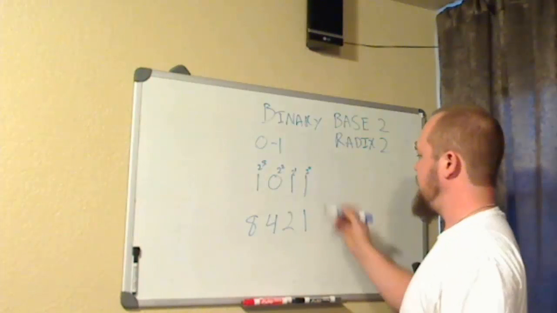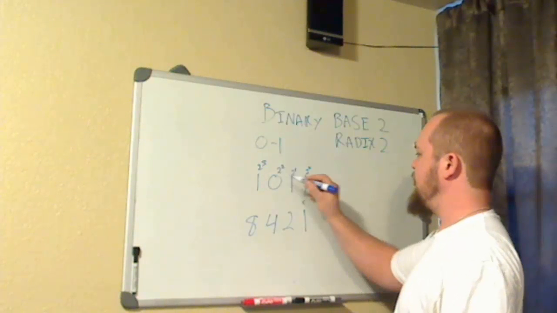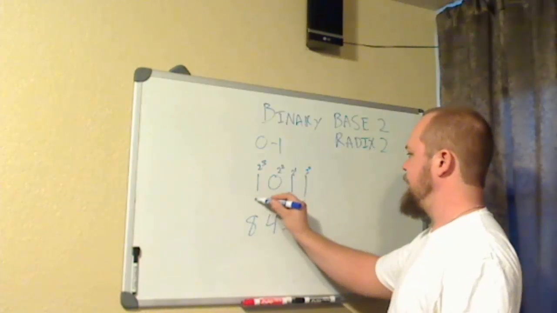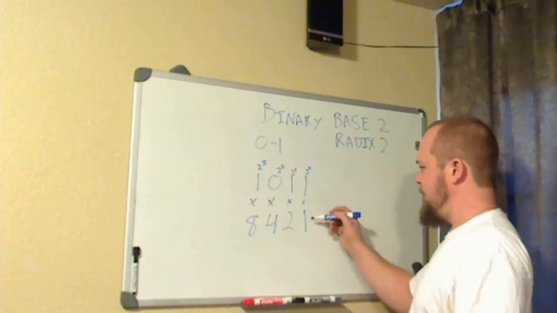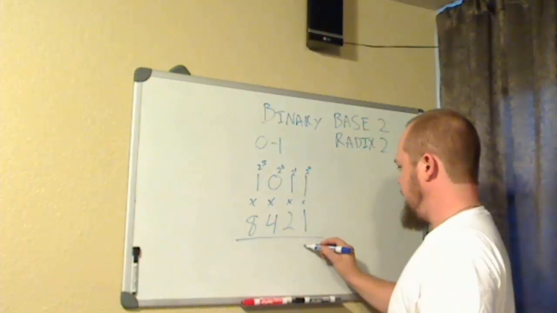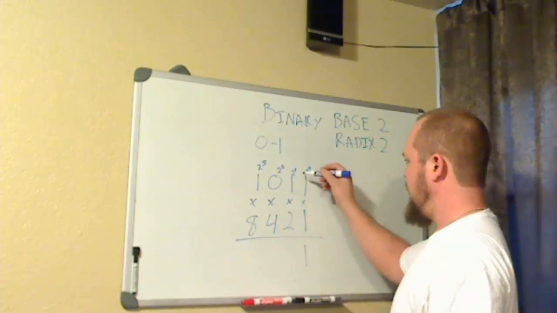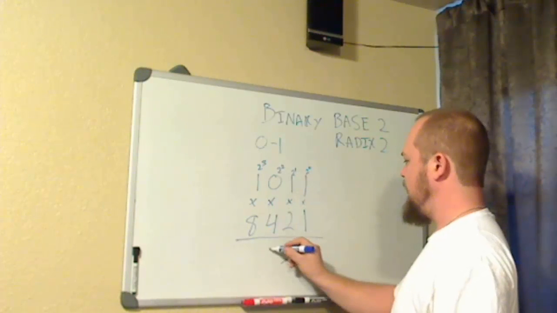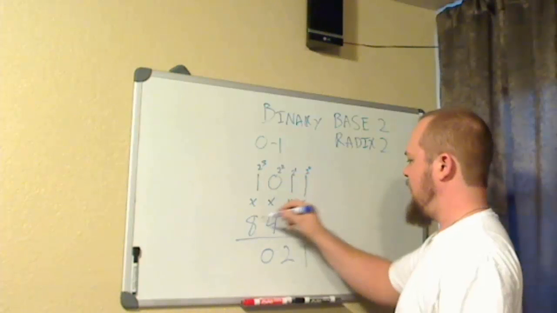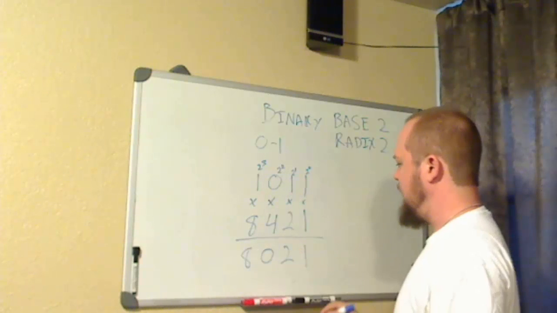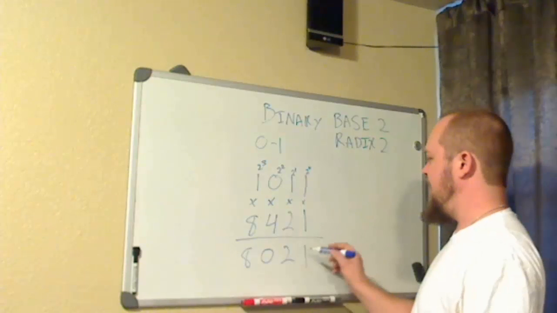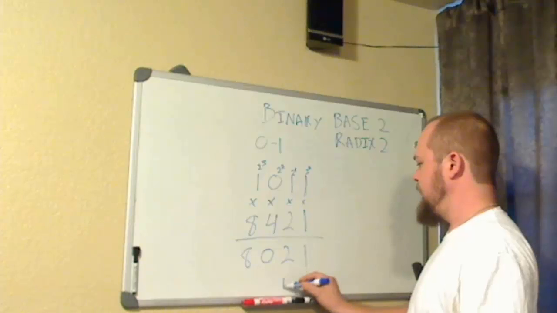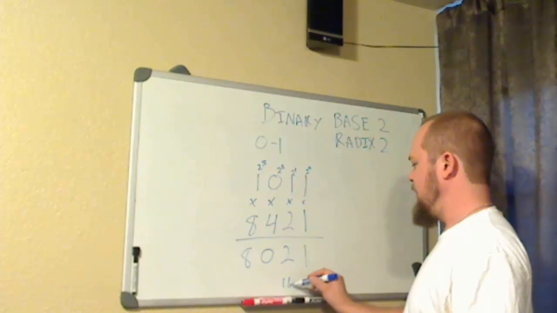Now, let's multiply each digit by its corresponding positional weight. 1 times 1 is 1. 1 times 2 is 2. 0 times 4 is 0. And 1 times 8 is 8. If we add all of these numbers together, we have 8, 9, 10, 11. 11 in decimal.